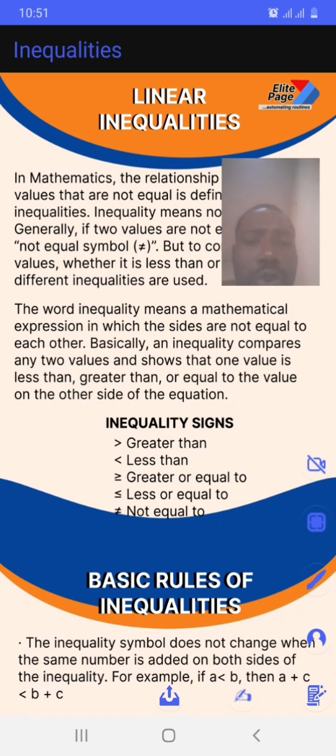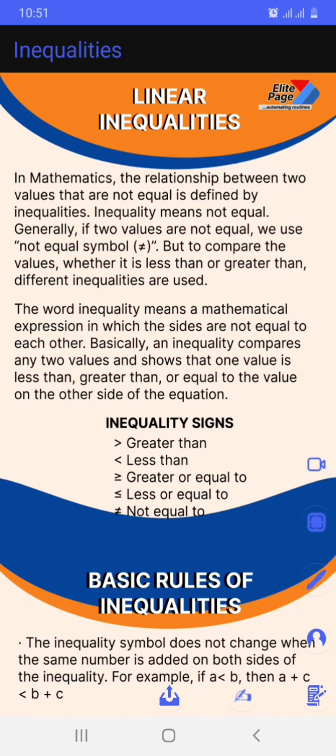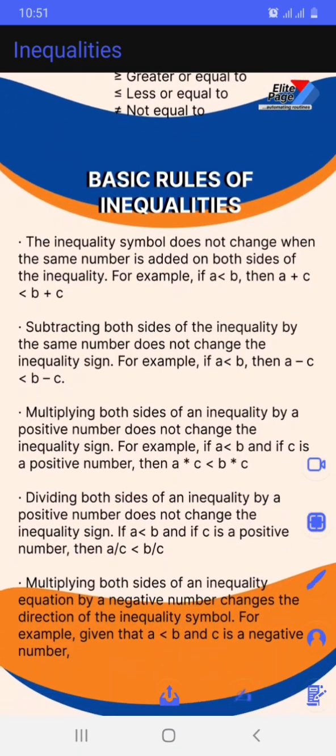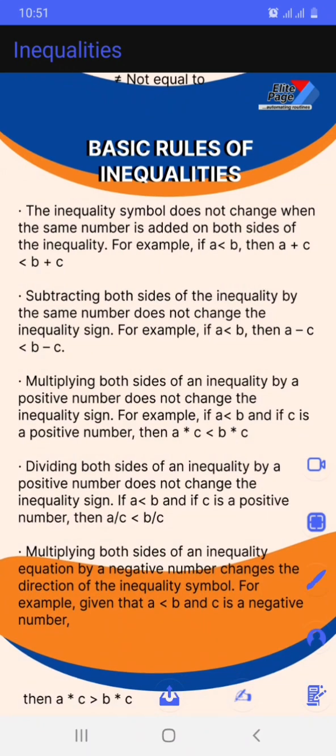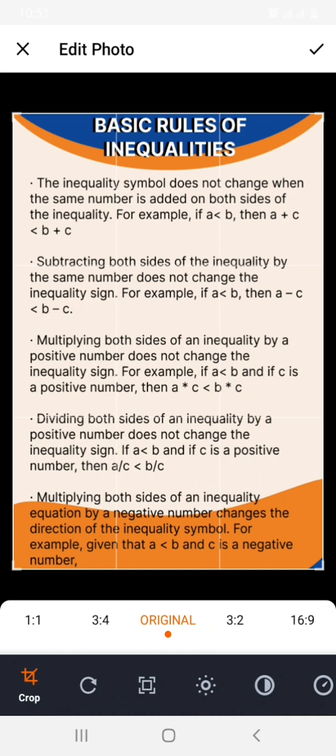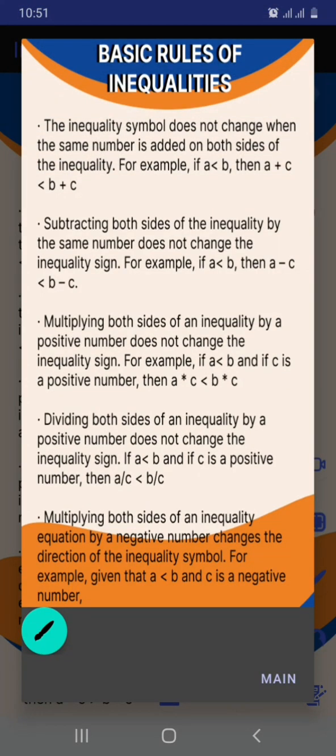There are a number of rules with respect to this, of which we shall examine them one after the other. The basic rules of inequalities. When solving inequalities problems, there are a number of rules to be considered. Firstly, the inequality symbol does not change when the same number is added on both sides of inequality.